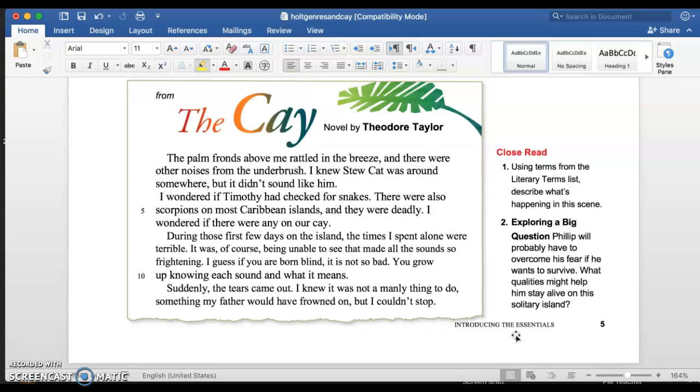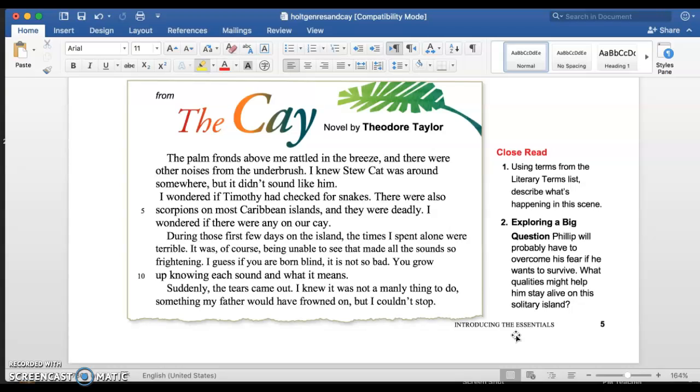The palm fronds above me rattled in the breeze, and there were other noises from the underbrush. I knew Stew Cat was around here somewhere, but it didn't sound like him. I wondered if Timothy had checked for snakes. There were also scorpions on most Caribbean islands, and they were deadly. I wondered if there were any on our cay.